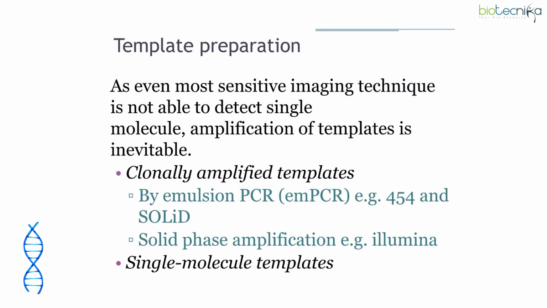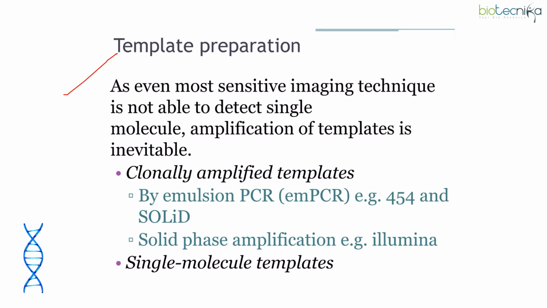Template preparation is the most sensitive step for the imaging technique. It is not able to detect a single molecule, so amplification of the templates is done over here. Cloning of the amplified template is an important step.